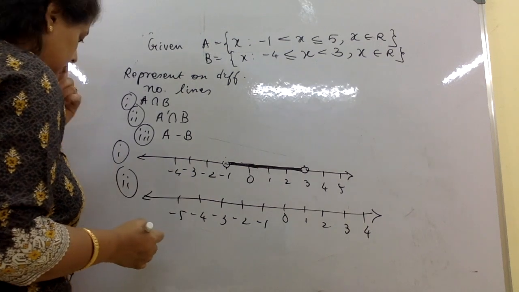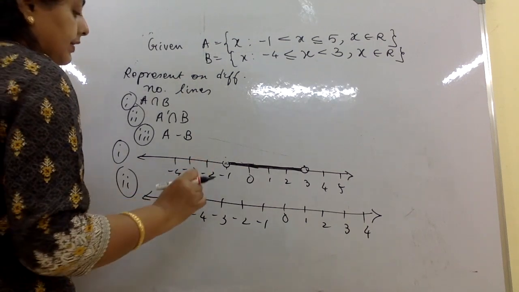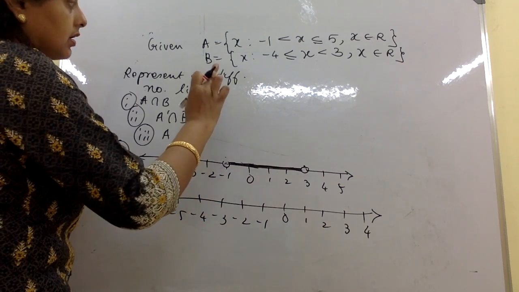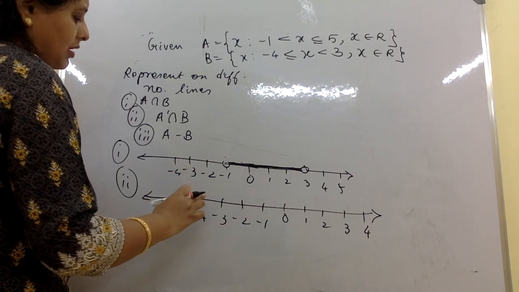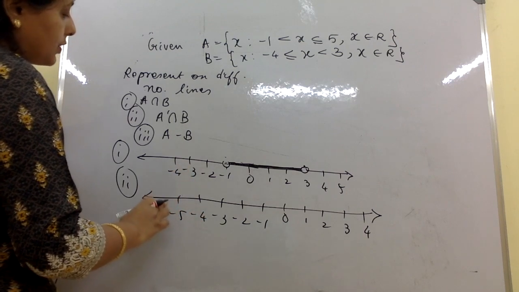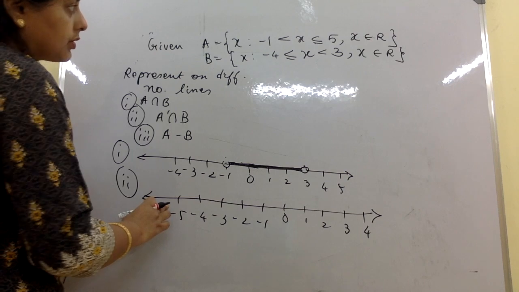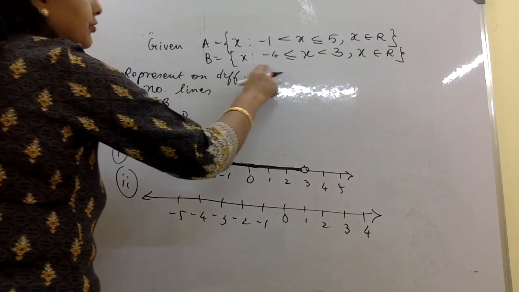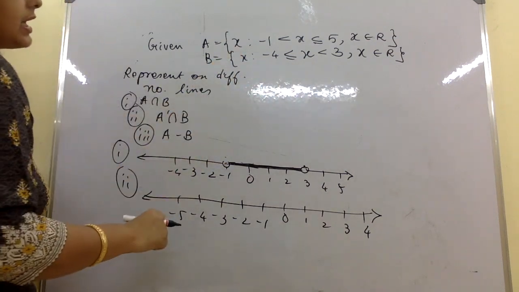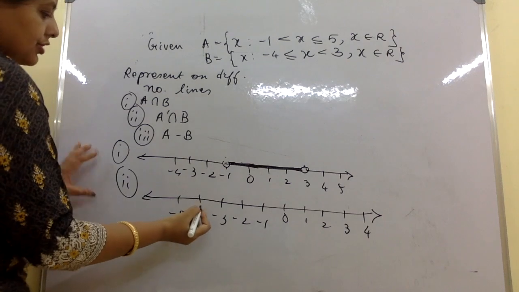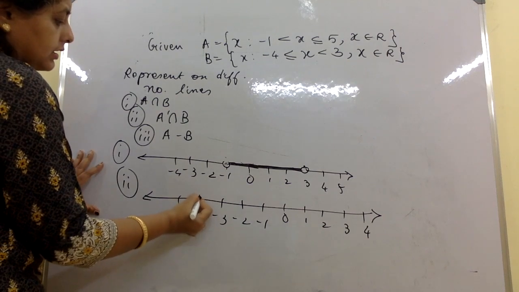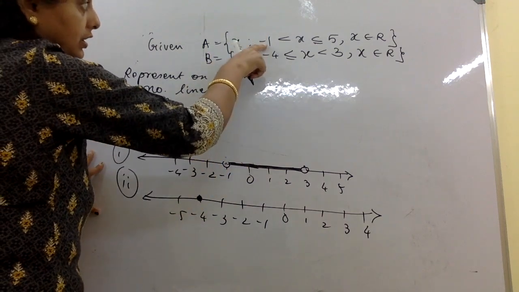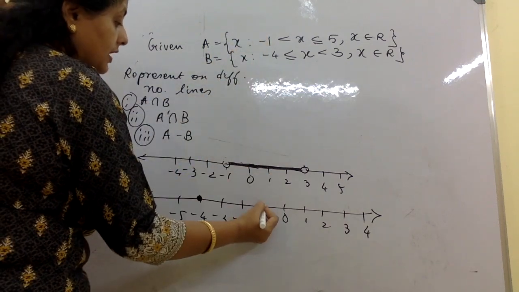Okay, so here it goes from minus 5 to, so it goes from here, see this is the portion that is there in B. Okay, and that portion is not in A. So I will darken the circle here and go till what is not in A. A does not include -1, so I can include -1.